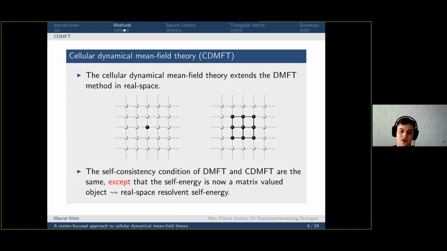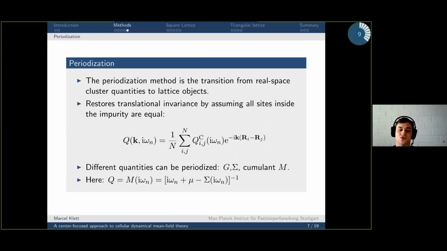So even though our theory is based on a real space extension and we get some real space quantities out of our calculations, sometimes it's very useful to do one more post-processing step when considering CDMFT calculations. And this is the so-called periodization. What a periodization does is it restores the broken translational invariance of our theory by doing a Fourier transformation on this cluster impurity we cut out of our lattice.